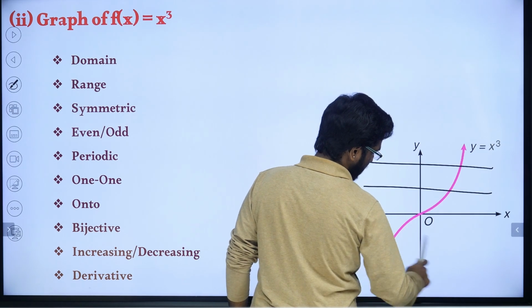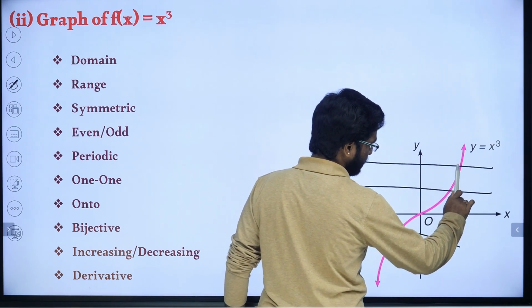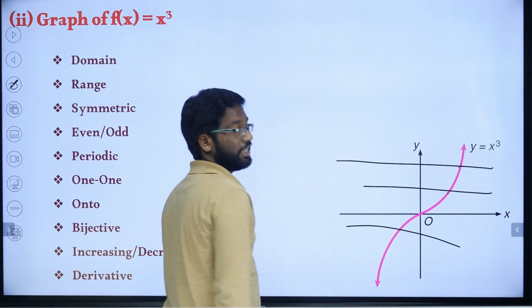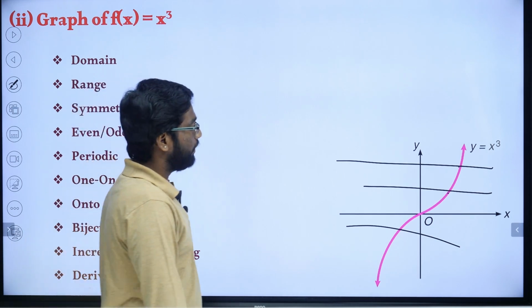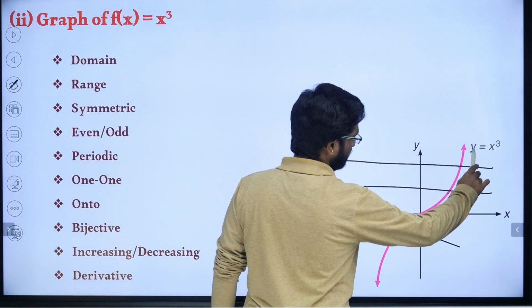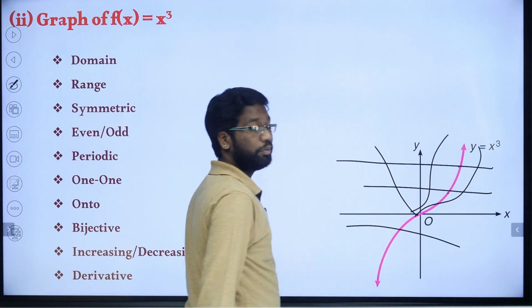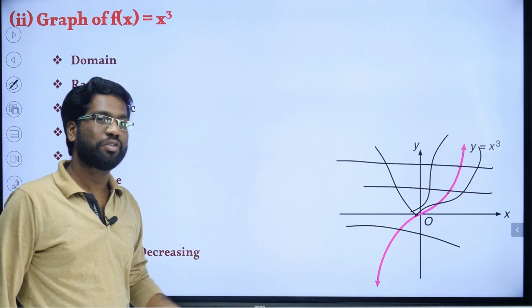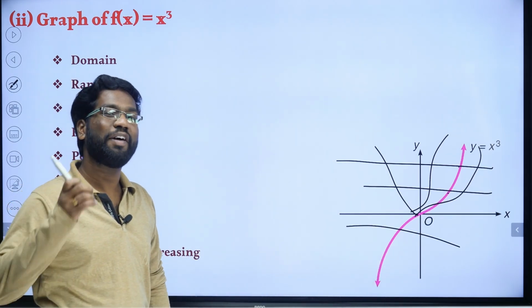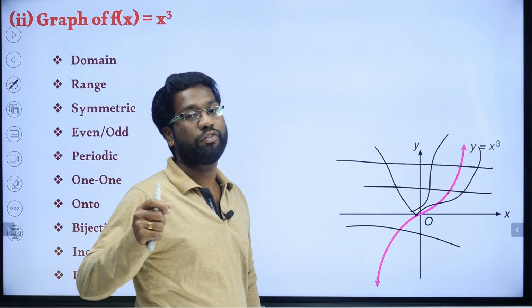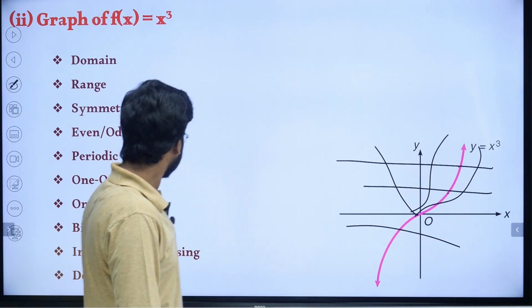If the line cuts at exactly a single point, then that function is a one-to-one function. If it cuts at multiple points, if I have a graph like this and it cuts at more than one point, then it violates the definition of a one-to-one function.